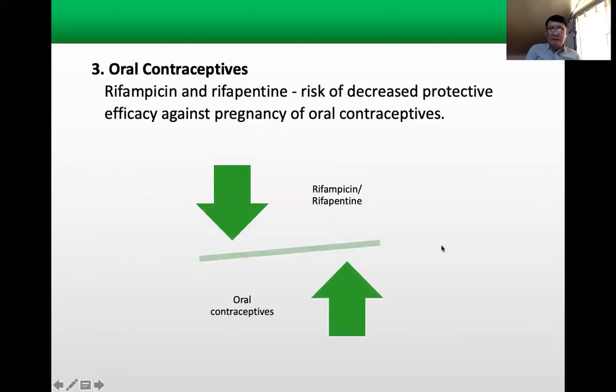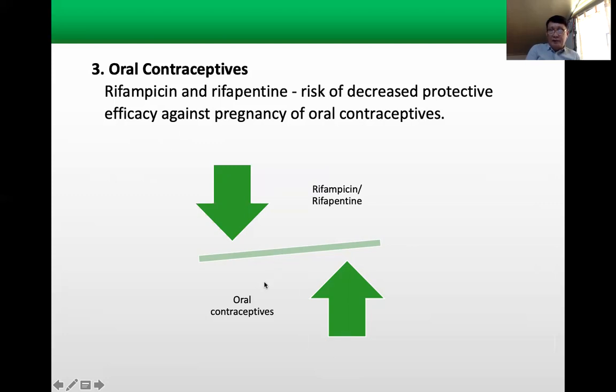Oral contraceptives. Rifampicin and rifapentine carry the risk of decreased protective efficacy of oral contraceptives against pregnancy. Just a reminder, especially for women taking oral contraceptives once they are on TPT, there will be a risk of decreased protective efficacy.